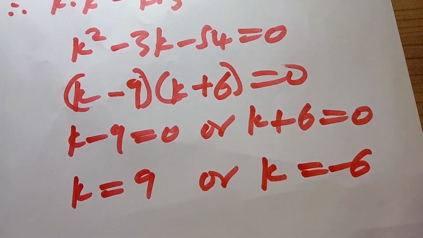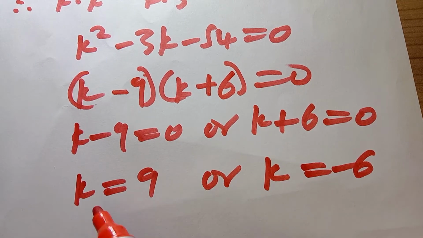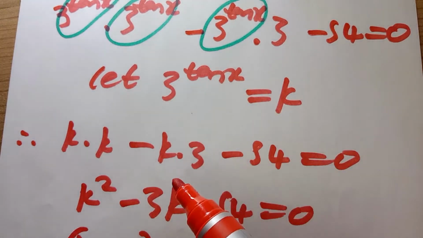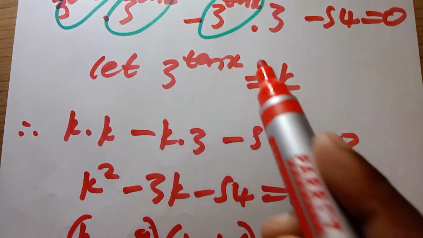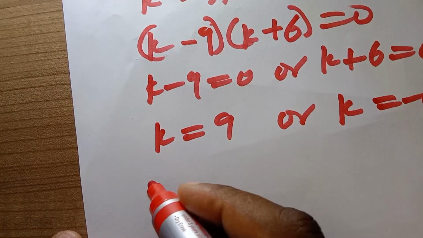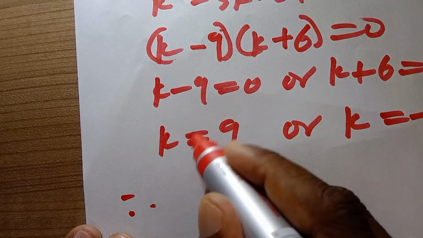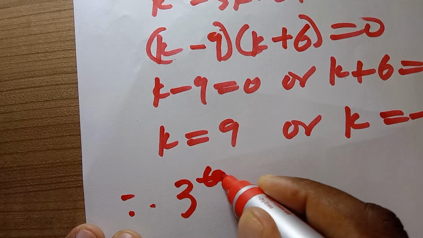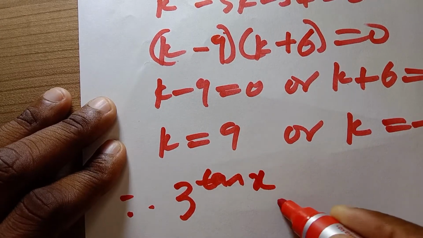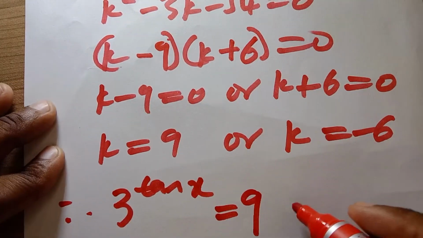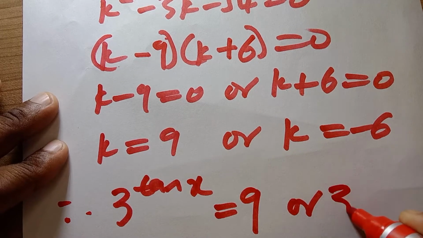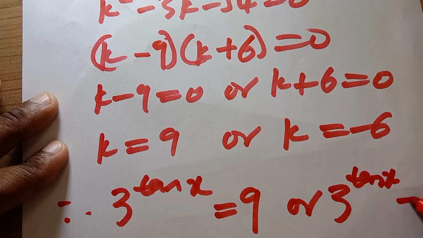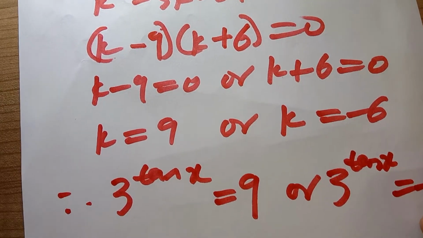Remember, the k we said is equal to 3 to the exponent tan x. Then we replace k by that. Therefore, 3 to the exponent tan x should be equal to 9, or 3 to the exponent tan x should be equal to negative 6.